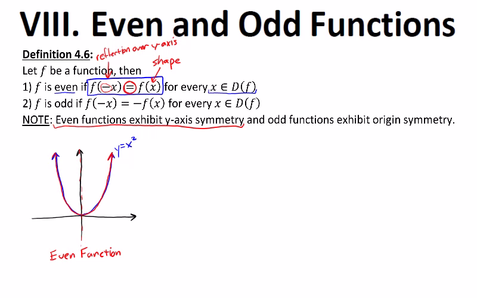Now let's do the same dissection with the odd function definition. F is said to be odd if this condition is satisfied for every x in the domain. Well, part of this condition we already know, f of negative x. We've got that. But then on the right-hand side of the equal sign, we have negative times f of x.